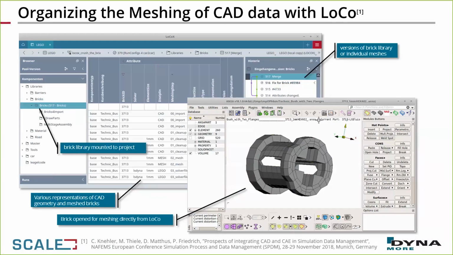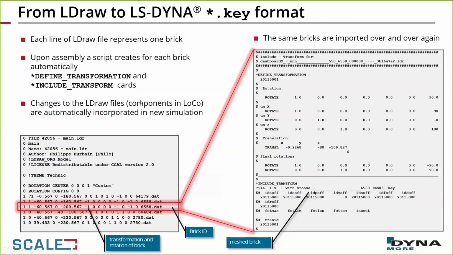So with that, let me say how to get from the CAD data, actually from the LEGO CAD data, to an LS-DYNA deck. To do that, because I do not want to do that over and over again, we created a small script which takes the LDraw format. LDraw is the format used by LEGO enthusiasts to represent their LEGO models.